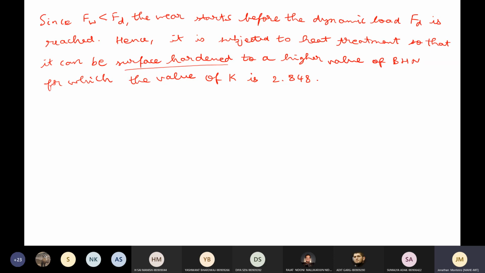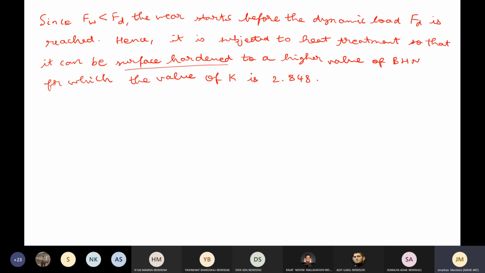And if it is suggested that give a new value of BHN, then you have to go one step further. Okay, so otherwise you can stop till here. So higher value of BHN, for which the value of K is 2.848. The only thing that remains is now a reverse calculation, or there is one more table which will help us in order to directly find out what should be the nearest value for it.